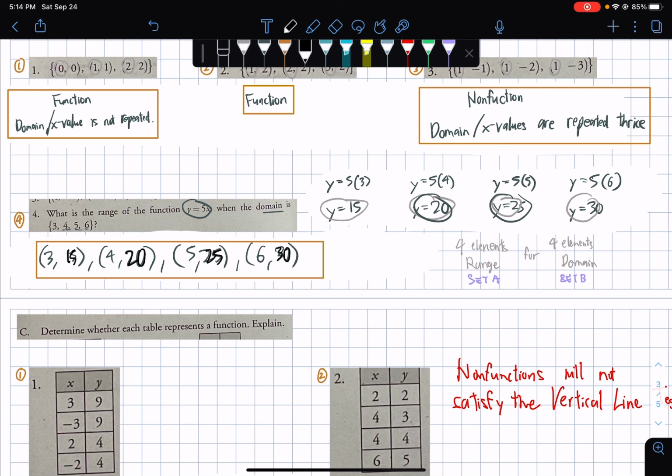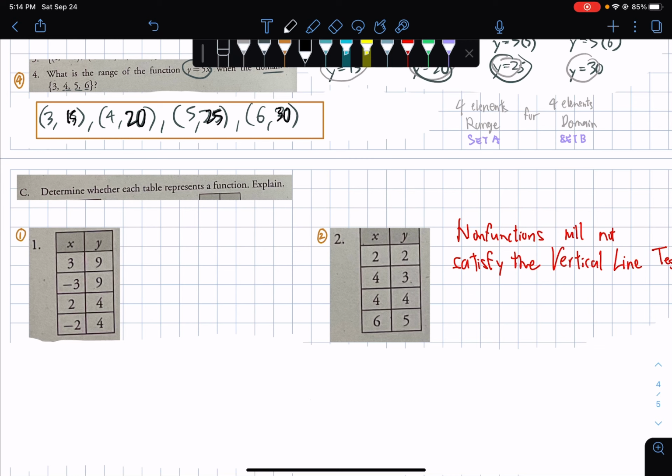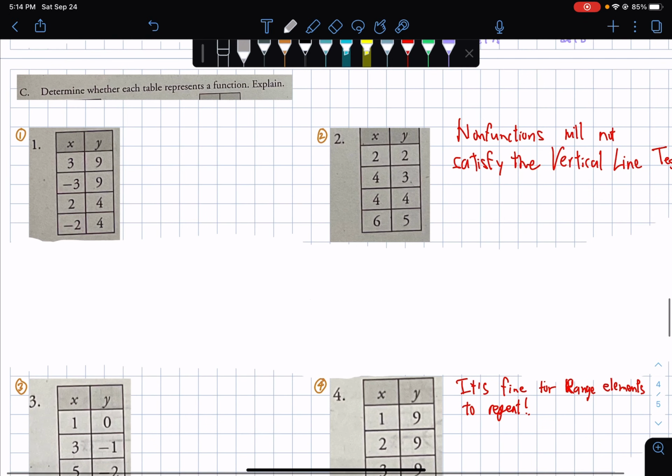Now, for letter C, you have to determine whether each table represents a function, and explain. For number 1, let's see if there are any repeated values in the domain. There are none. So this is a function. There is no element in the domain that is repeated.